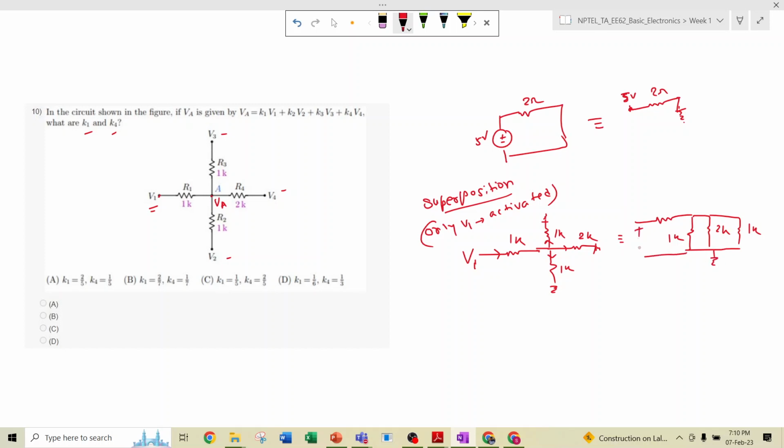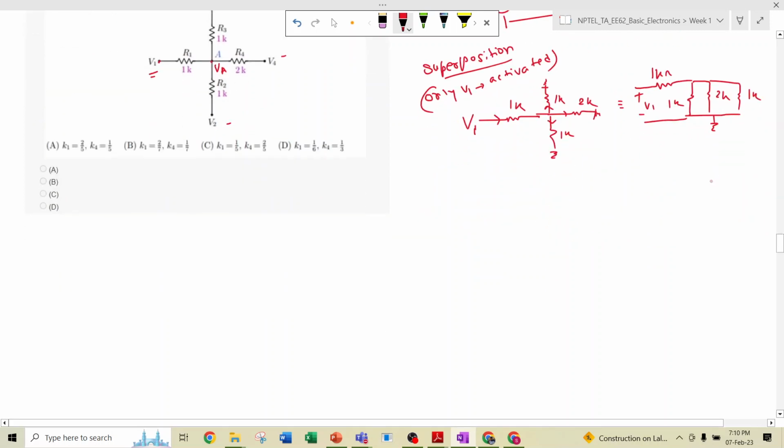So here it is V1, here it is 1 kilo ohm. So this 1 kilo ohm, 2 kilo ohm and 1 kilo ohm are in parallel.